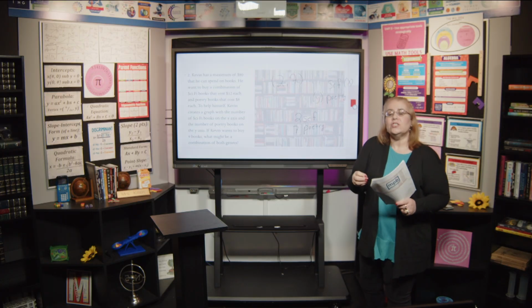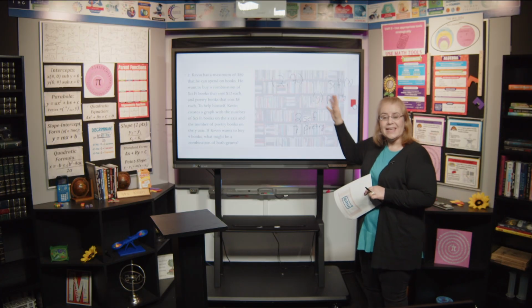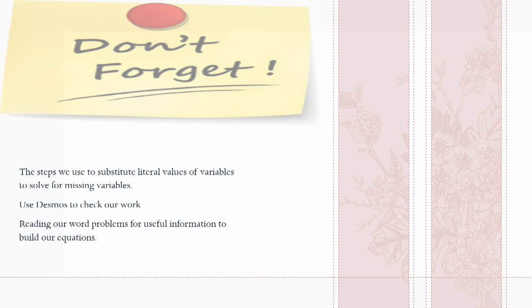That is how I interpret my numbers in my passage. Let's not forget the steps that we've learned to substitute literal values of variables to make sure that we find the missing variables. We're using Desmos to check our work after we create these equations, and then we're reading our word problems for useful information to build our equations with.